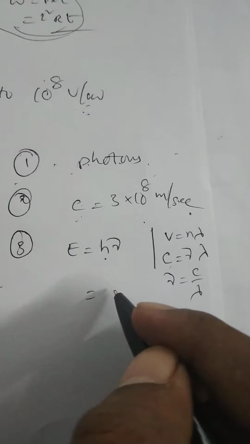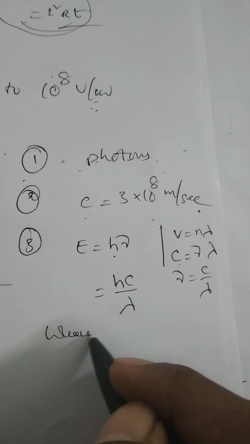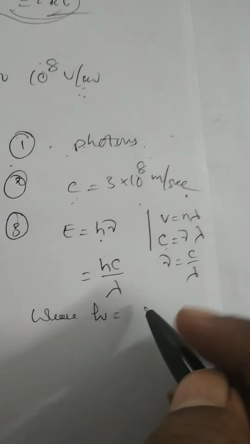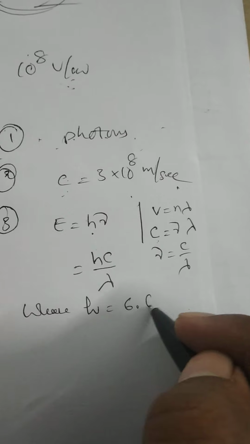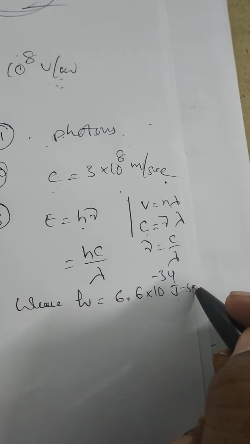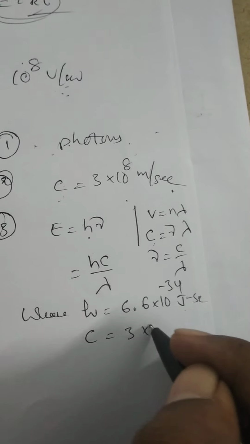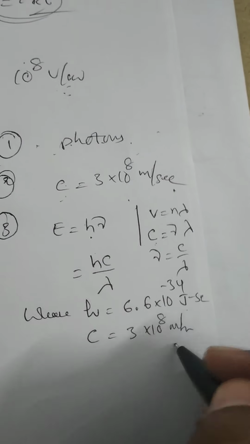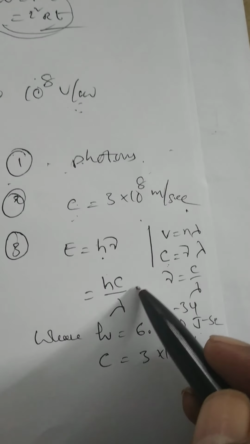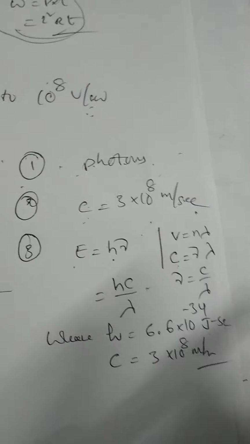Therefore, energy of each photon is h into c by lambda. Here h is Planck's constant, its value is fixed, nearly 6.6 into 10 power minus 34 joule second, and velocity of light c is 3 into 10 to the power 8 meter per second. So this is the formula for energy of the photon, E equal to h nu or hc by lambda.